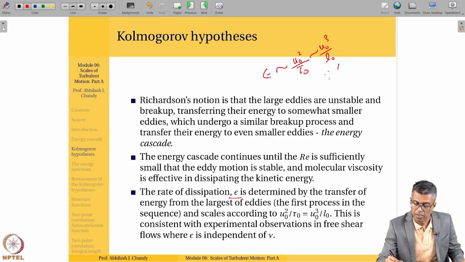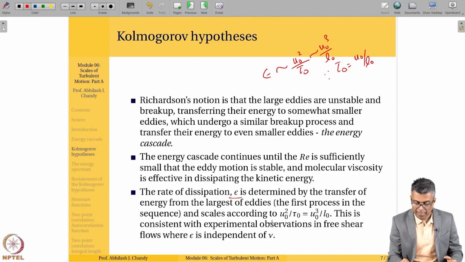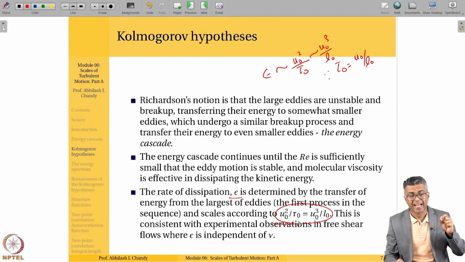Because tau 0 is what? u0 over L0. That's the definition of the time scale, velocity divided by length scale. So that is what we mean by epsilon scaling according to u0 cubed over L0, which is a simple definition of the rate of dissipation. It scales according to the rate at which kinetic energy decreases.